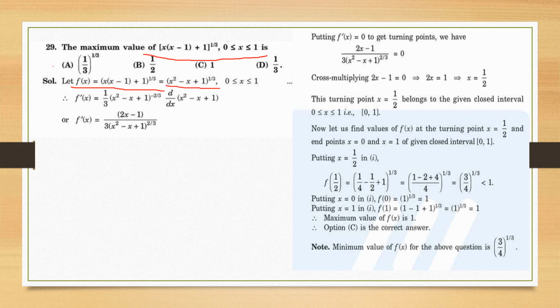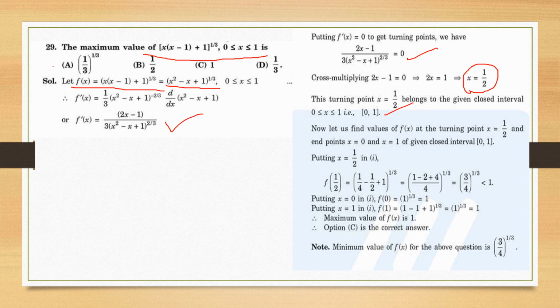Then you'll get the derivative by using the power rule: 1 by 3, this complete raised to power minus 2 by 3, and then d/dx of this. So this is the derivative, and equating it to 0, we get the critical point as x equal to half. And this half belongs to my interval 0 to 1, that is okay.